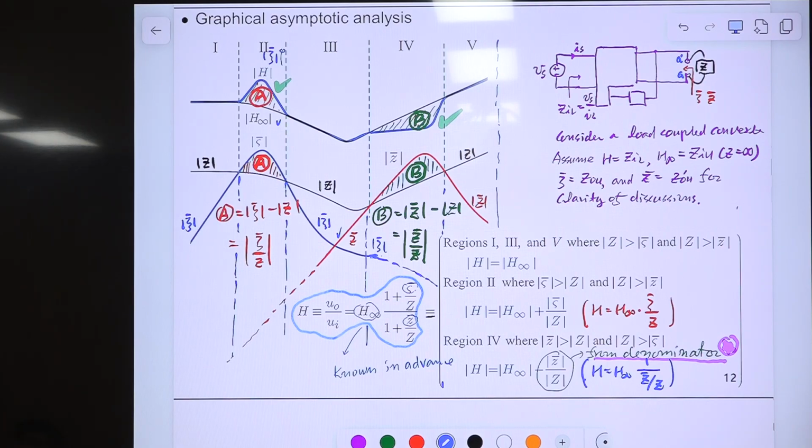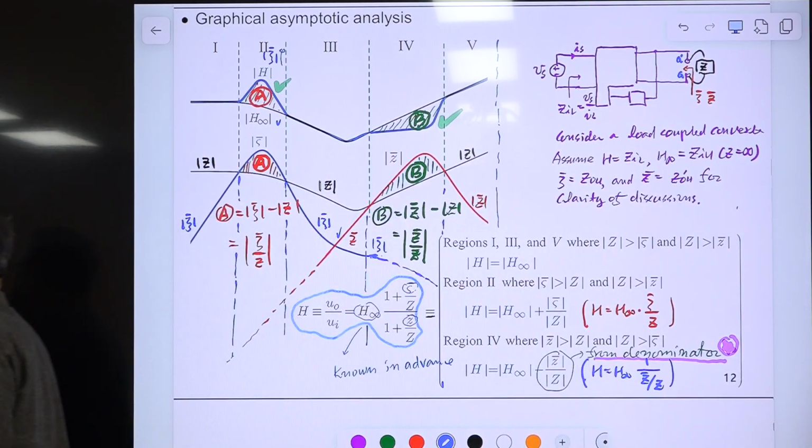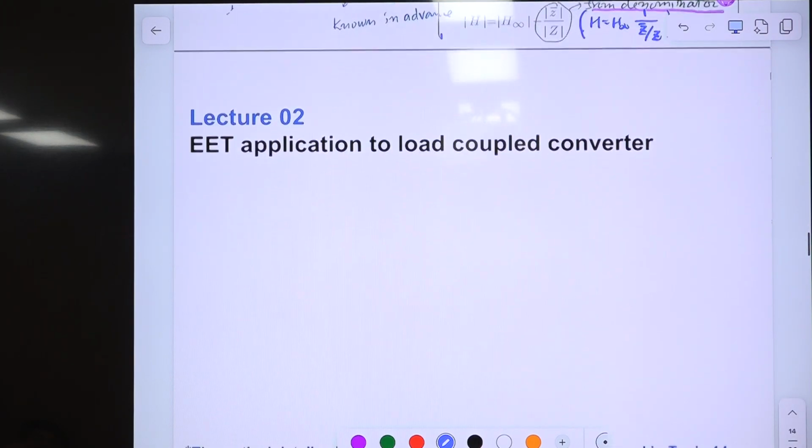We combine them all together, so then we can analyze a very complicated system without any numerical calculation, okay? With very minimal analytic work, you can understand the behavior of the system, okay?